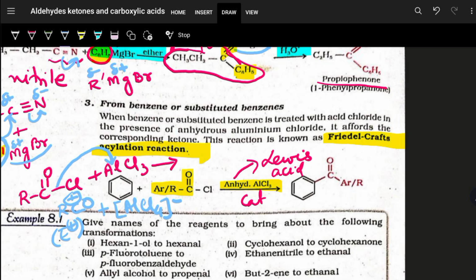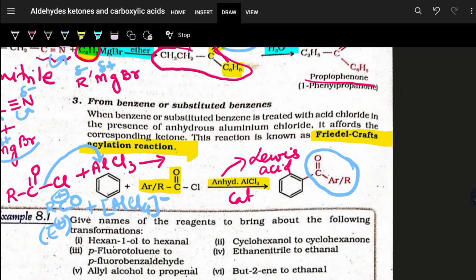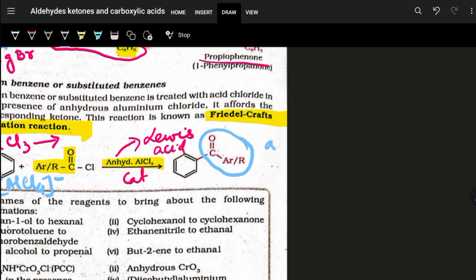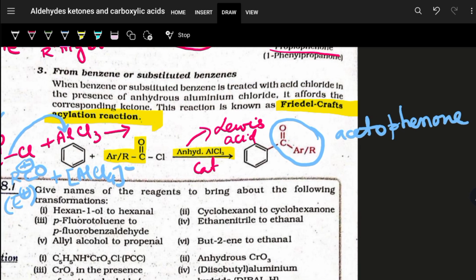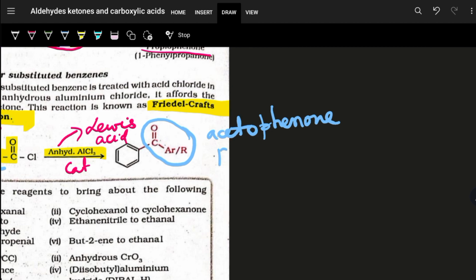So what is happening is you are getting RCO plus or ArCO plus. So this is a method by which you can obtain acetophenone from benzene, or you can obtain benzophenone from benzene.